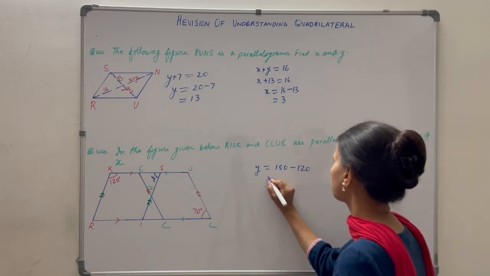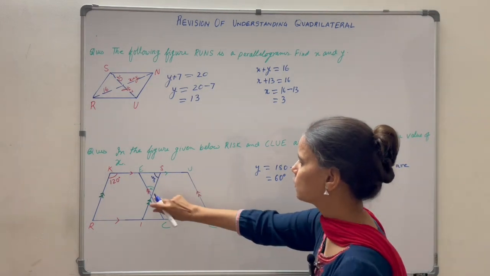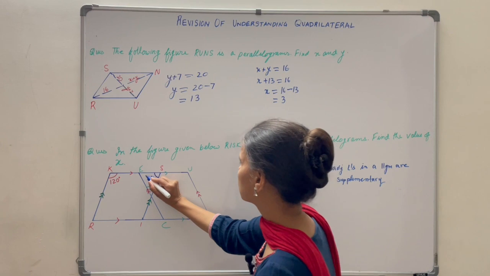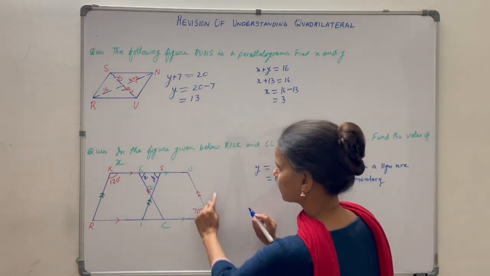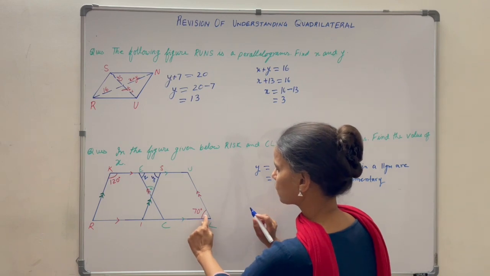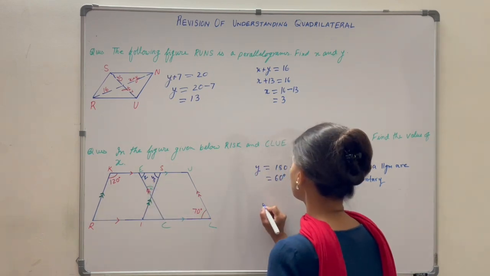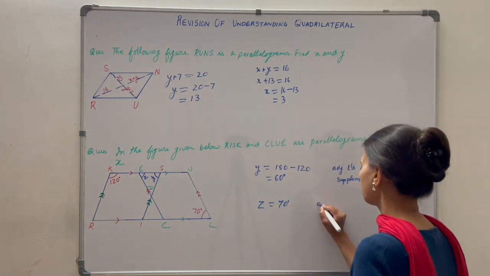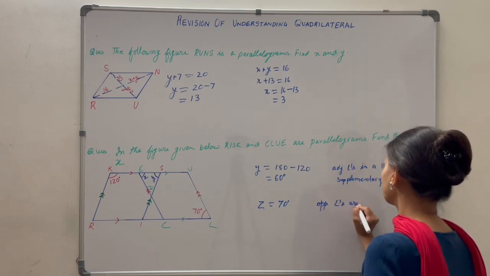So 180 minus 120 is 60 degrees. So you got this angle. To calculate x, we need one more angle. So if I name this as say z, you can see CLUE is a parallelogram, and in a parallelogram opposite angles are equal. So z is equal to 70 degrees. What is the reason? Opposite angles are equal.